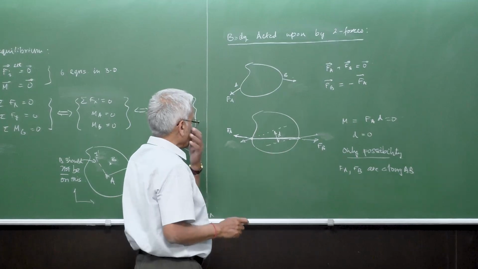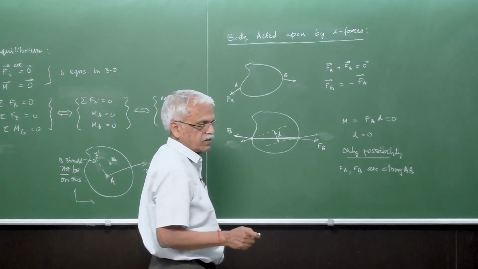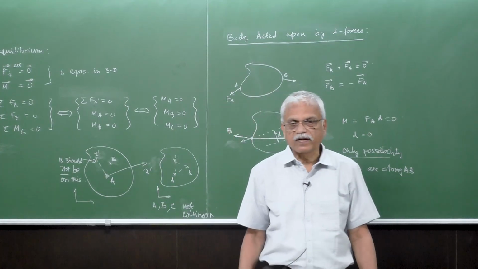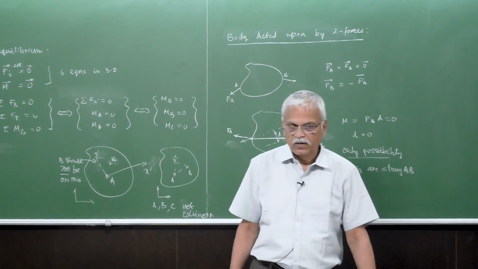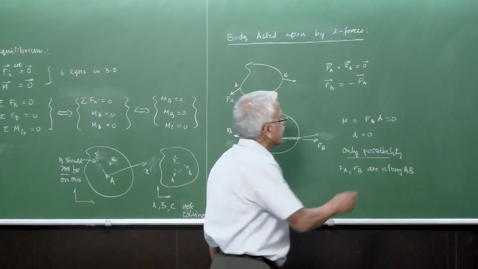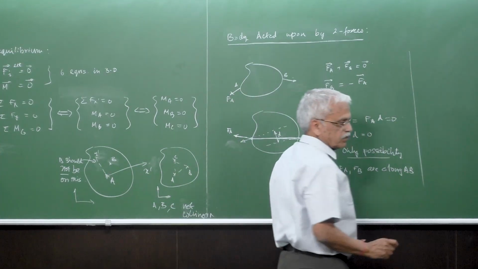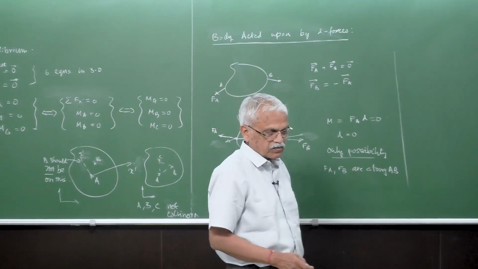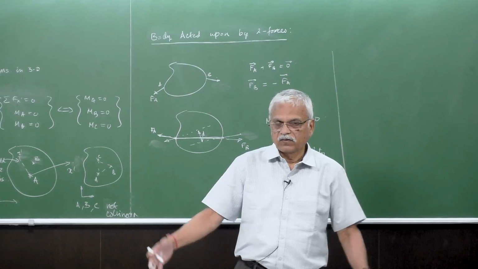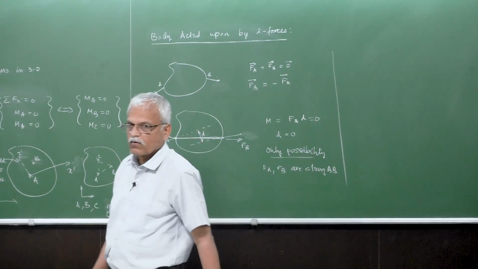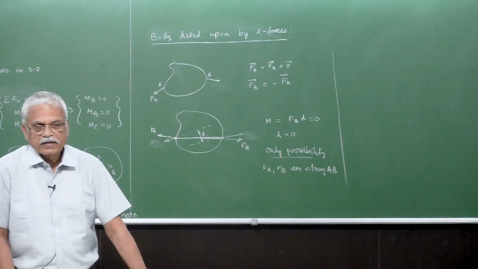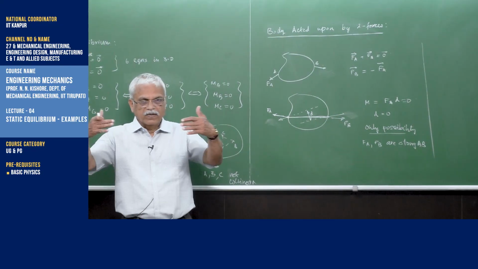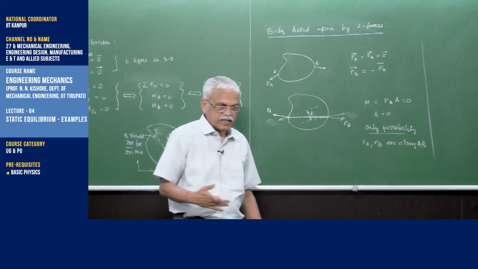Fa and Fb should be along AB, so that the parallel distance between Fa and Fb is 0. That's number one. There are cases where only two forces act on a body that we know is under equilibrium, so they have to be equal and opposite and along the line AB itself.